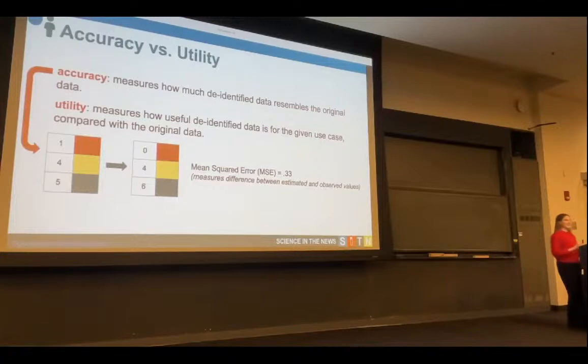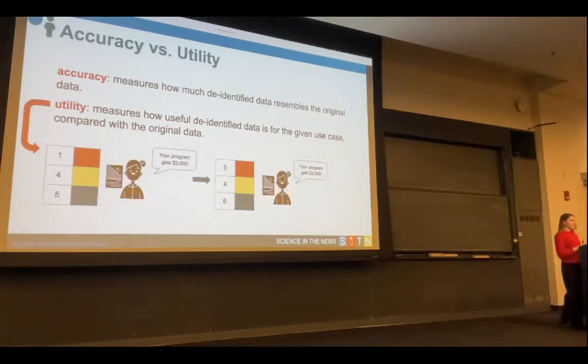And just to define those terms, when we think about utility and accuracy, they're slightly different. Accuracy measures how much de-identified data resembles the original data. So we can think about a metric like mean squared error that measures the difference between the estimated value and the actual value. However, utility measures how useful de-identified data is for a given use case compared with the original data.